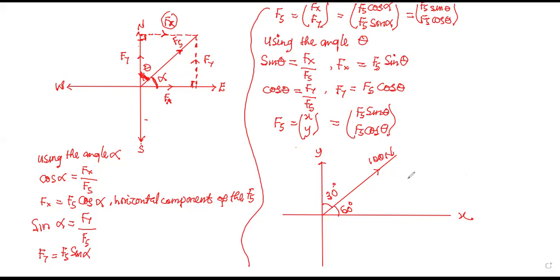And our task is to resolve this force into vertical and horizontal components. I can use either the angle it makes with the x or the angle it makes with the y for this assignment.